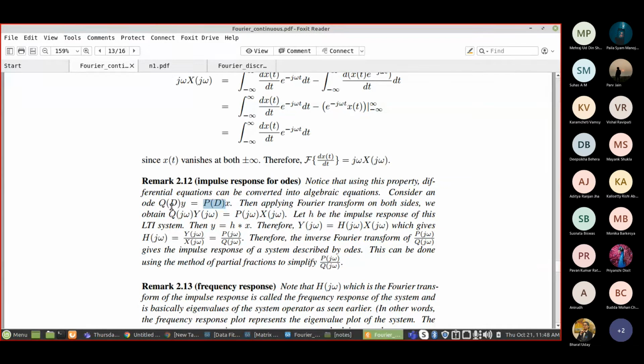ODEs with initial conditions we will see a bit later in Laplace transform, but ODEs without initial conditions, those forced responses you can surely find using the Fourier transform technique. This is the frequency response times the Fourier transform of your input, and you know how to invert the Fourier transform, right? So just invert the Fourier transform to find the forced response of your differential equation.